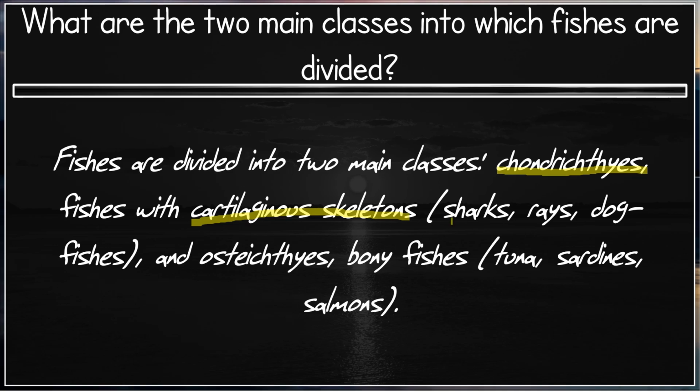That one we have the shark, rays, dogfish. And osteichthyes, those are the bony fish, the tuna, sardines, salmons, Nile perch, tilapia, and many others.